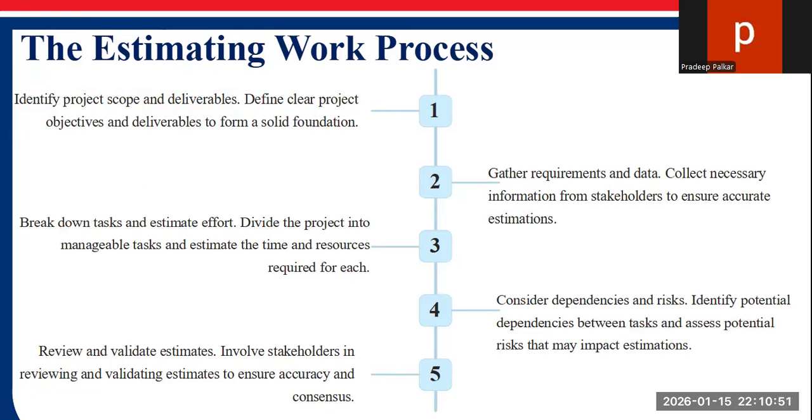Also, some consider the steps this way: step number one, define project scope. Step number two, gather the requirements and data collection. Step number three, break down the work. Step number four, consider risk and uncertainty.